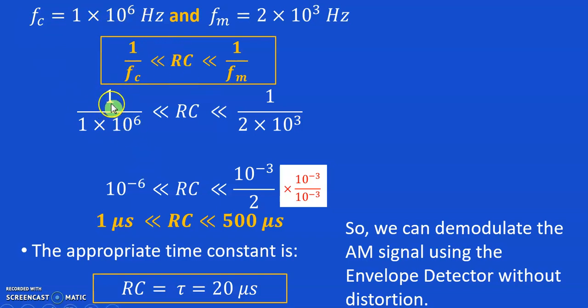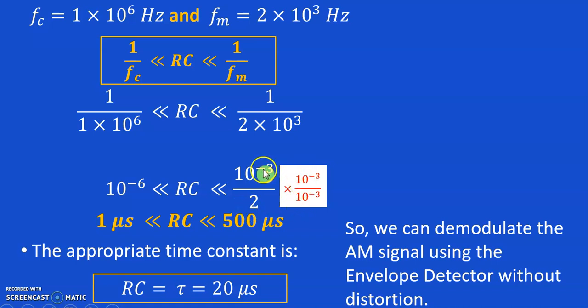If we make this calculation, we can raise the denominator value 10 to the power 6 to the numerator, then we will get 10 to the power minus 6 less than RC. In the numerator it will be 10 to the power minus 3, and we have 2 here.